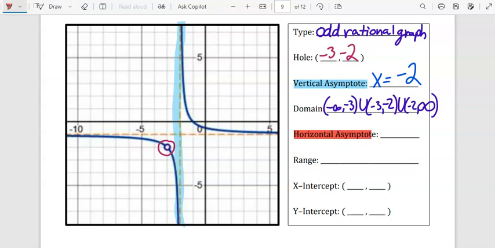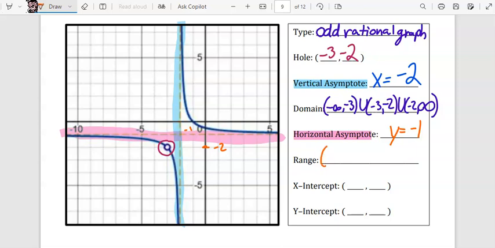For the horizontal asymptote, it's right here. y equals -1. And then for the range on this one, it would be all real numbers except this -2 and this -1.